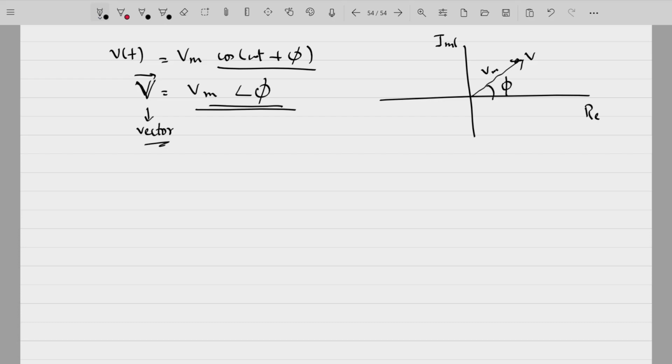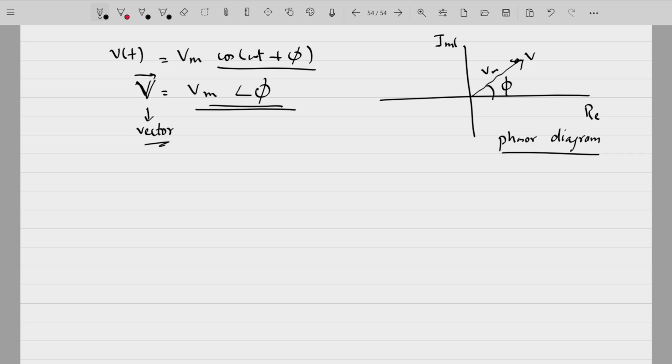Vm cos omega t plus phi, we cannot say that is a vector quantity, but the phasor form of our AC voltage is a vector quantity, and by vector you mean it has both magnitude as well as direction. This representation is known as the phasor diagram.